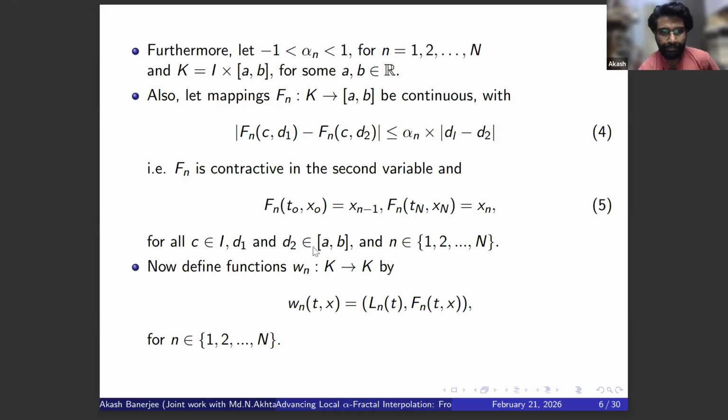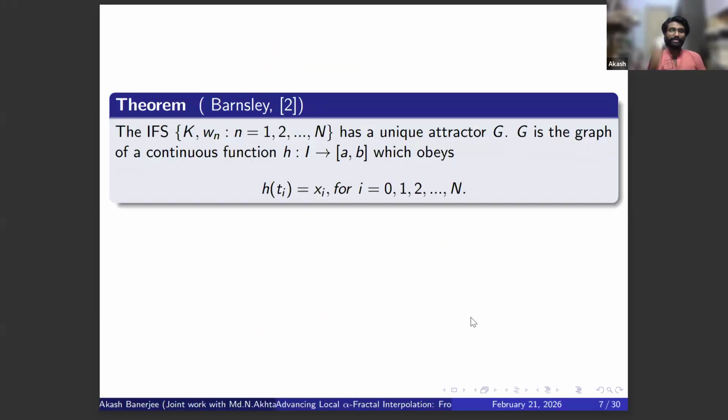Okay, and with the help of these two functions we define these Wn's. They are just functions from K to K, which are defined like this. So Barnsley proved that if we take K as the basic topological space, and on that take the functions Wn, they form an IFS, and this IFS has a unique attractor G. And mainly what he proved there, which is more important, is that this attractor G is the graph of a continuous function h.